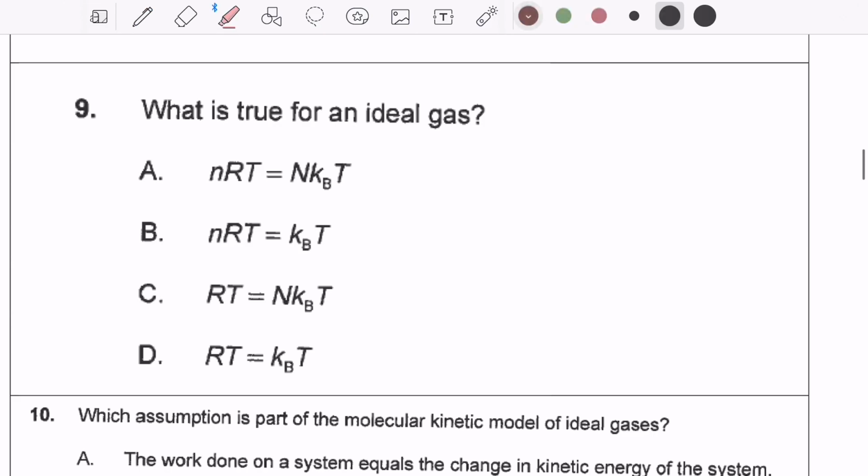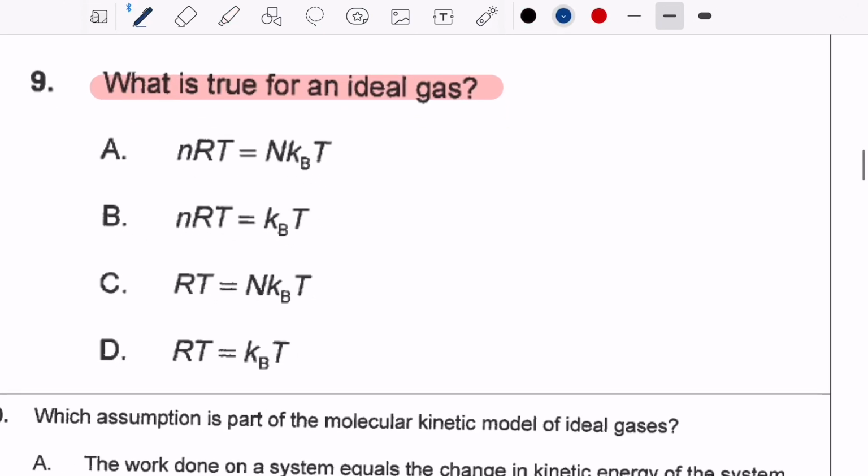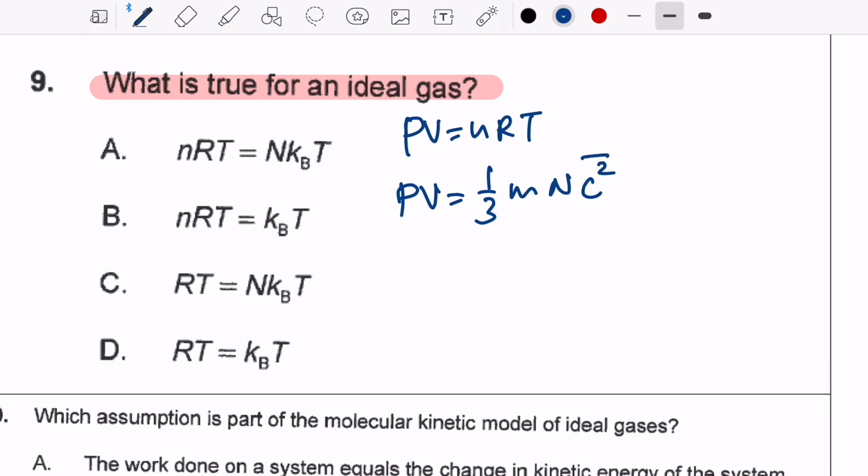Now, what is true for an ideal gas? What do we know about ideal gases? We know PV equals nRT is true for an ideal gas, or theoretically by kinetic theory, PV equals 1 over 3 mN c squared bar. But this is not what they care about in this question.